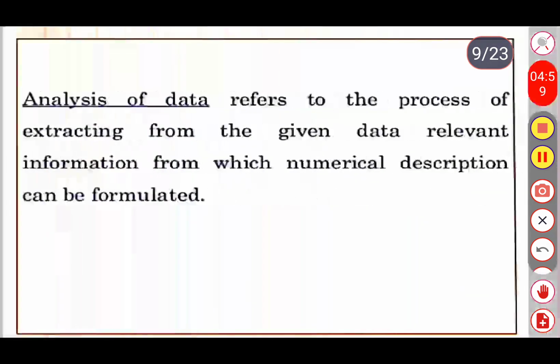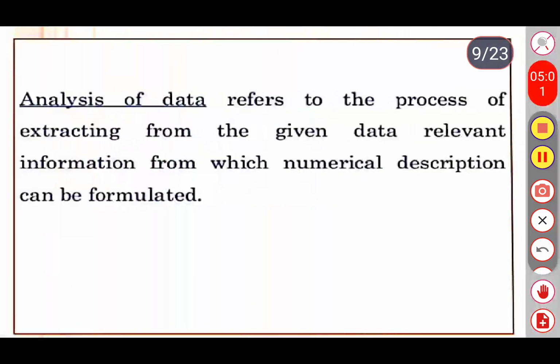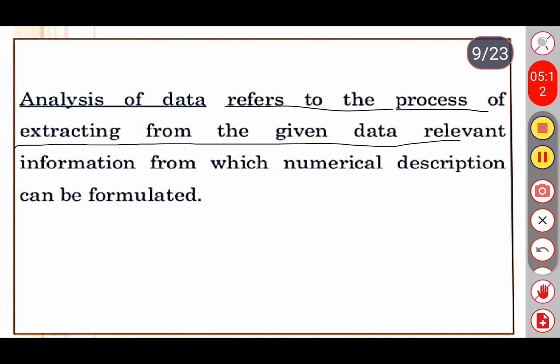And next one is the analysis of data. Analysis of data refers to the process of extracting relevant information from the given data, from which numerical description can be formulated. In this analysis we are going to calculate the central tendencies like mean, median, mode and range of the data.